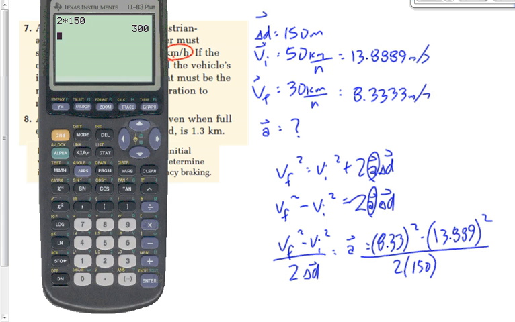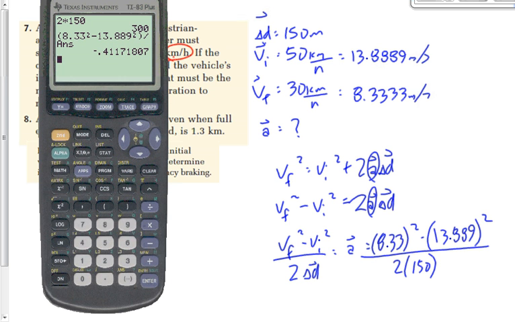If you can't do that in your head, we do it on our calculator. Let's say 8.33 squared minus, let's use some brackets here actually. Bracket 8.33 squared minus 13.889 squared, end bracket. So we've got everything on the top inside the brackets, and then let's divide it by what we found the bottom to be, that 300.